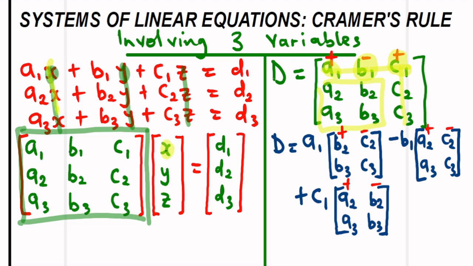Look at them here. The coefficients of x are A1, A2, A3. So coming to this matrix, A1, A2, A3 are going to be replaced by D1, D2, D3, because I'm working with the coefficient of x. So now let me write the matrix that will give us.